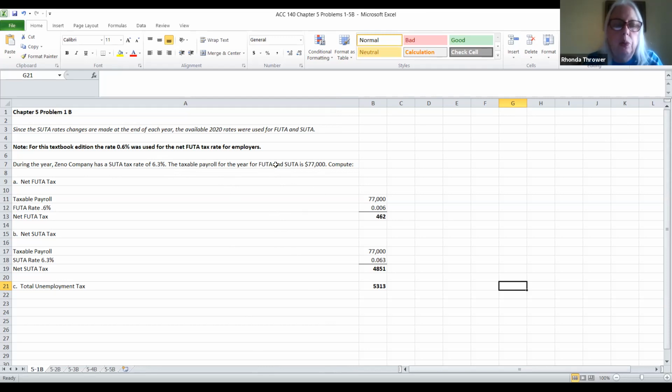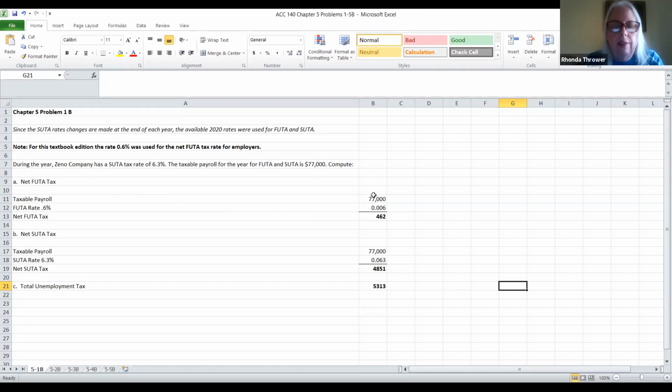What they want you to do in this problem is to calculate the net FUTA tax. And to do that, we're going to start with the taxable payroll for federal unemployment taxes. The amount was $77,000 that was given.